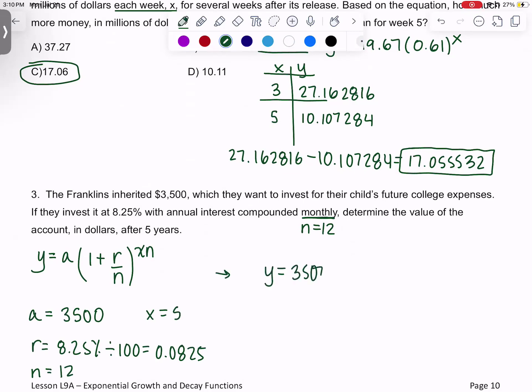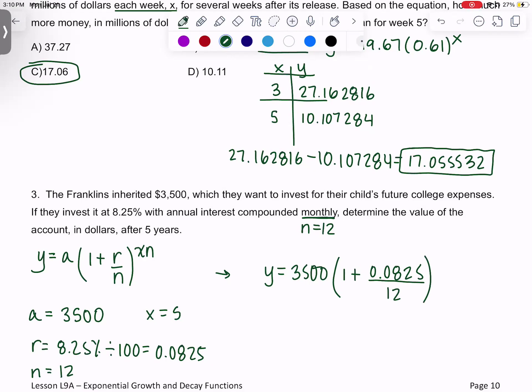We start with $3,500 getting multiplied by the original amount, 1 or 100%, plus 0.0825 over 12. We're taking our 8.25, dividing it, and giving them that new percent every month.